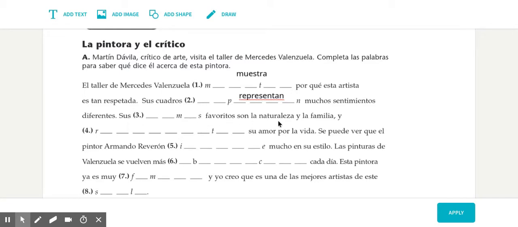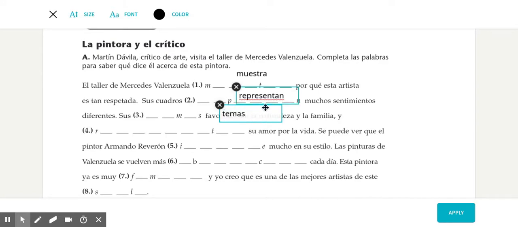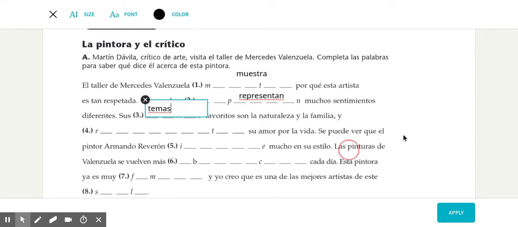Sus favoritos son la naturaleza, la familia, so nature and family. It seems like themes are subjects of art. So temas, sus temas favoritos is actually masculine. Temas favoritos. It is masculine plural. So that fits. Temas favoritos son la naturaleza y la familia.